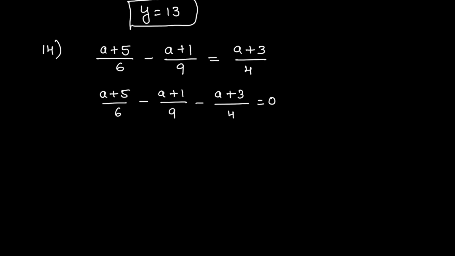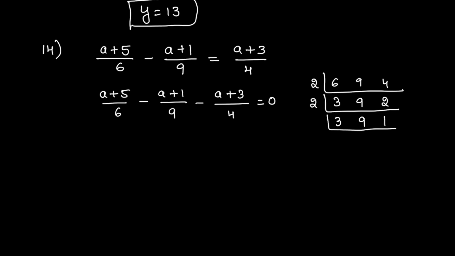So now for 6, 9 and 4, you should take the LCM. For the denominator numbers, divide by 2, 3s are 9 as it is, 2s are, again divide by 2, 3 as it is, 9, take 3, 3s are, 1s are. 2 twos are 4, 4 threes are 12, 12 threes are 36.